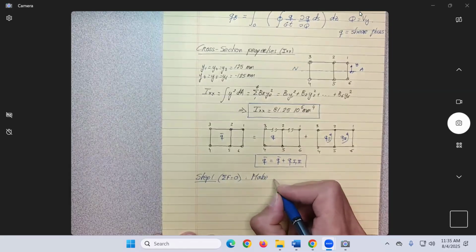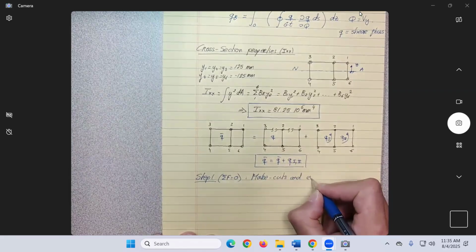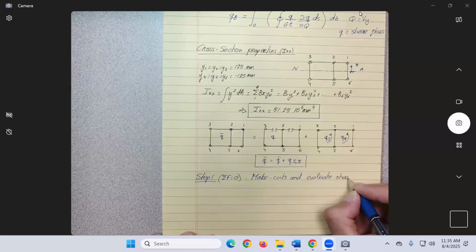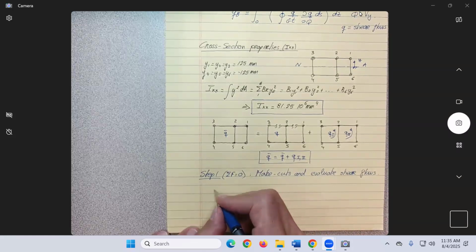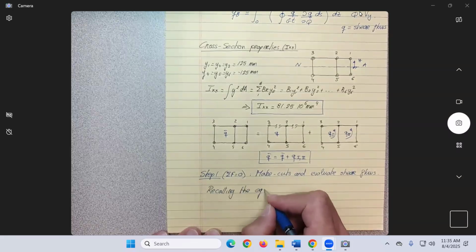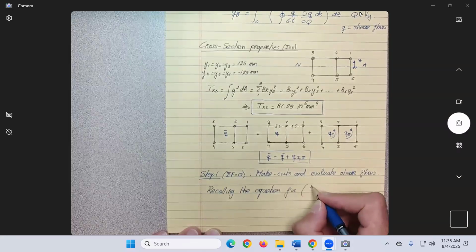So make cuts and evaluate shear flows. Okay, so recalling the equation for symmetric, and what do we have here?